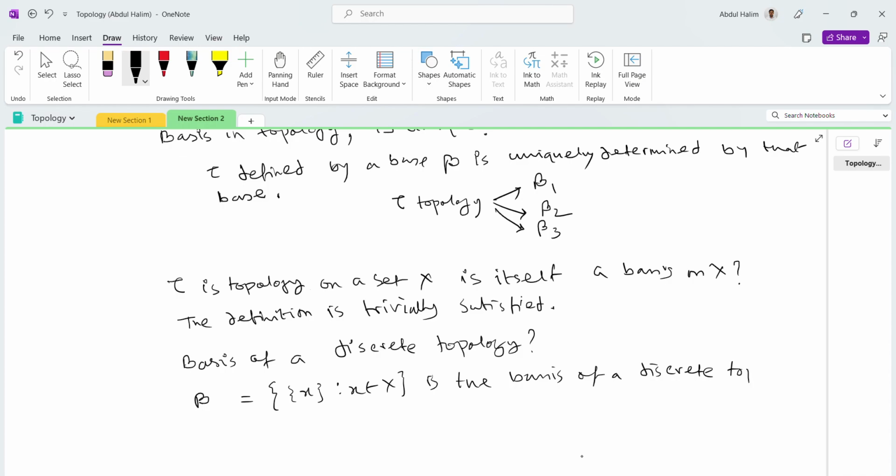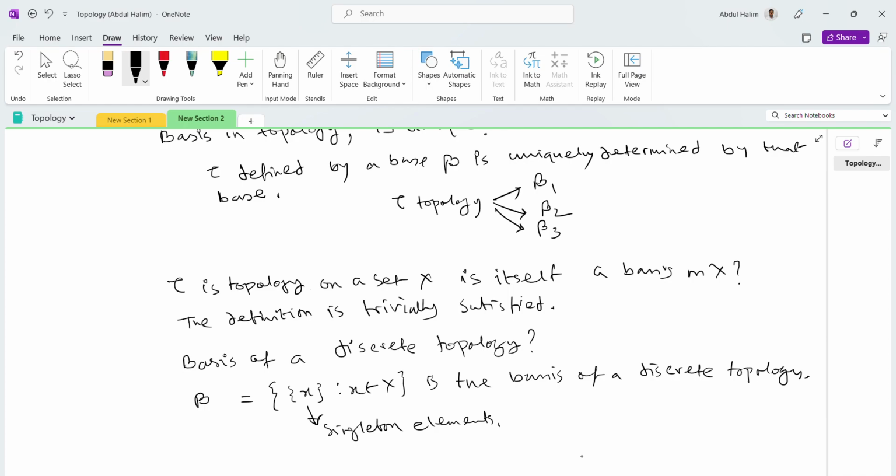The collection beta equal to the singletons {x}, with x belonging to X, is the basis of a discrete topology.